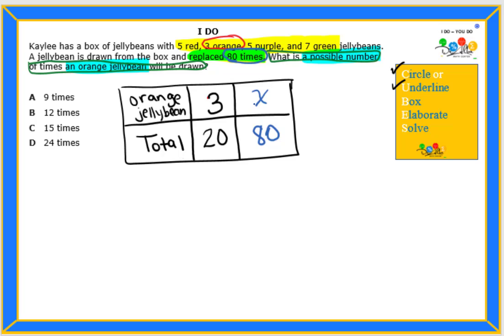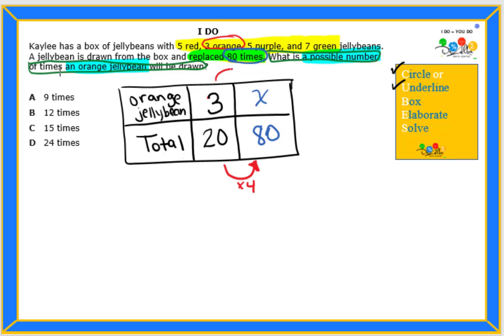Okay, so let's do this in a couple of different ways that we have been talking about. One of the ways is to look at your proportion box and see if you can see a relationship, a factor, something that we can multiply or divide by. So here I can see that 20 times 4 is 80.